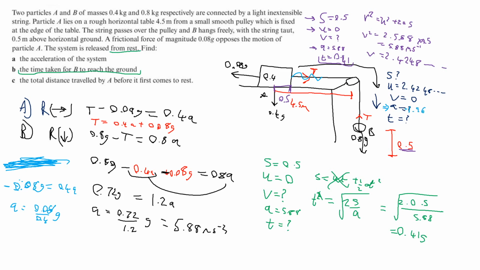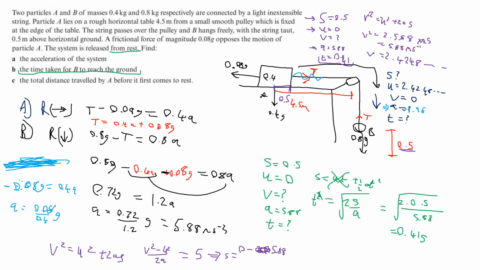Now we have an acceleration, now we have a v, and now we have a u. So we can use the same equation. v squared is equal to u squared plus 2as. We're trying to make s the subject. V squared minus u squared over 2a is equal to s, which means that s is equal to 0 minus 2.42. Actually, we know that that's 5.88.